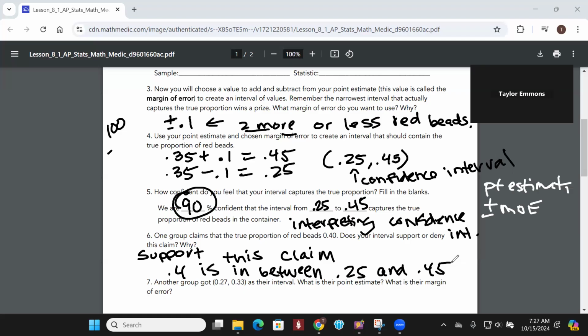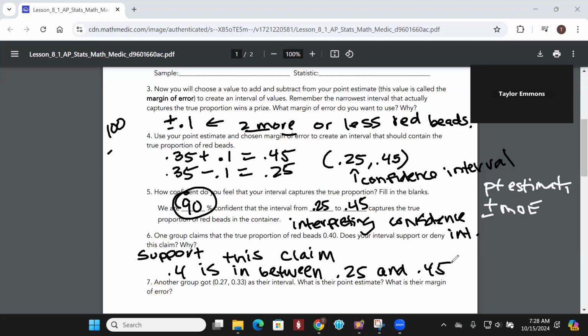So when you took your first sample and 0.35 was the amount of red beads you had, right? And then you're adding and subtracting, so any sample should be falling between 0.25 and 0.45. But what if that first sample you just happened to get mostly red?